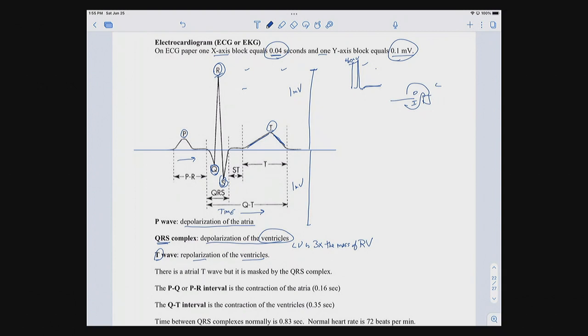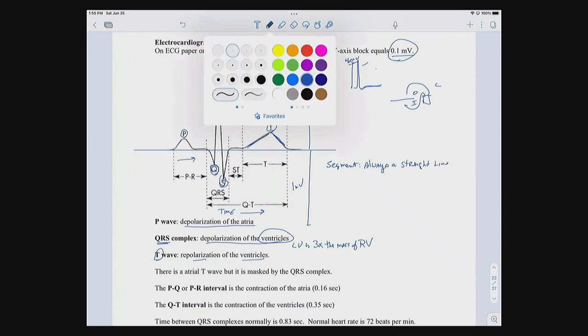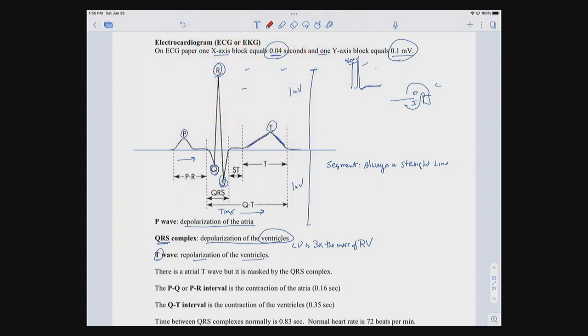Now let me put in some other terminology for you. We have what is called a segment. And a segment is always a straight line. So what we have here then is an ST segment.